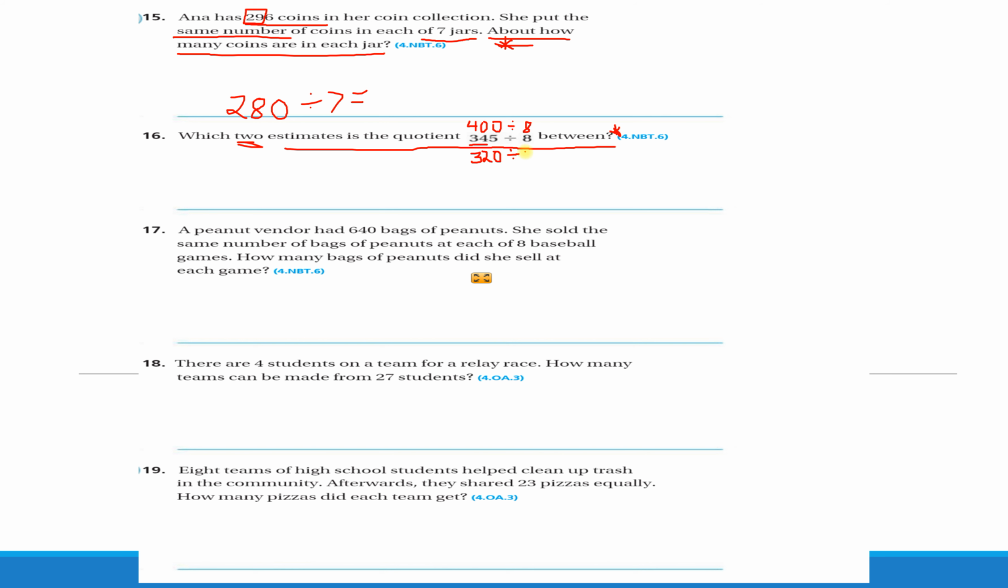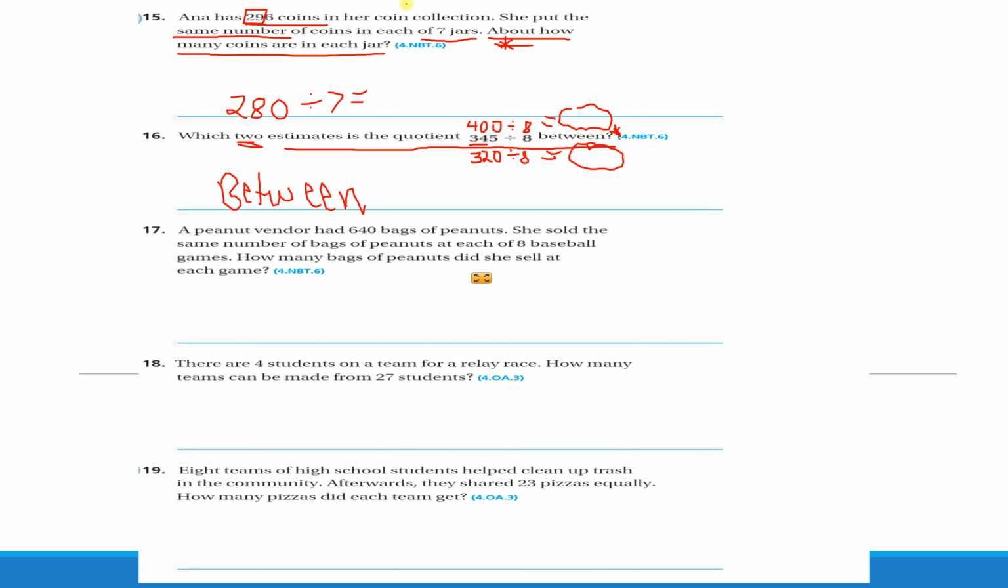So again, I'm using compatible numbers, but I'm using a high estimate and a low estimate to get my numbers between numbers. So we would say the answer is between what we get for our high estimate. So it's going to be between this number and this number.